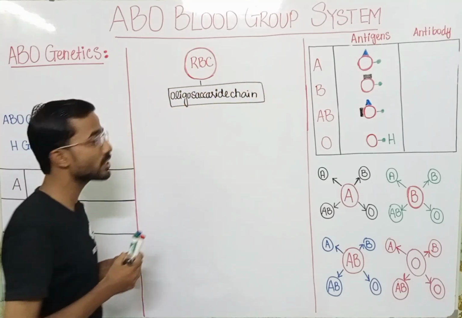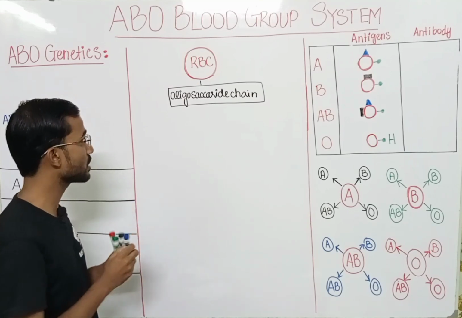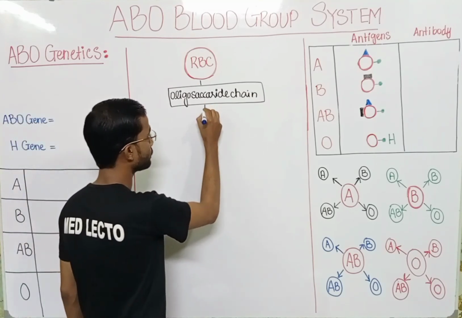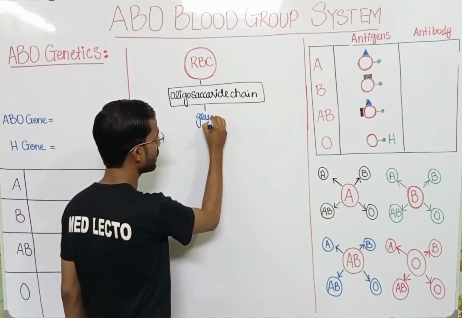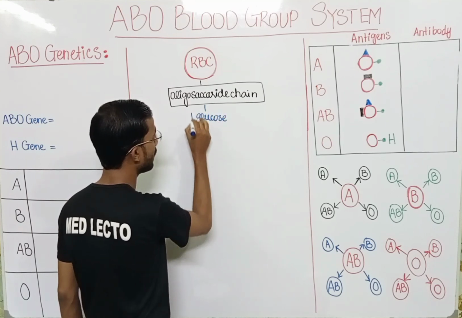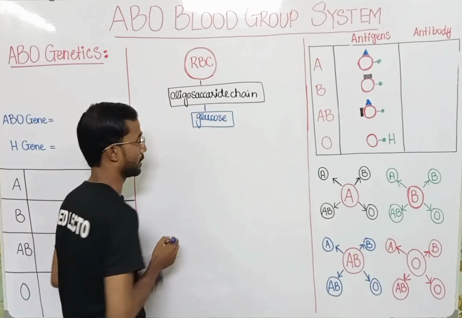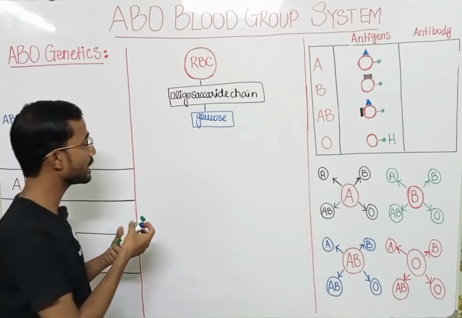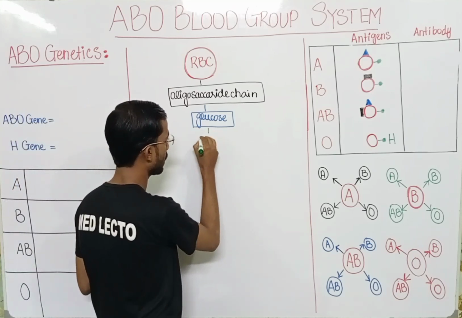Next structure will be the glucose. This is the glucose that will attach to the oligosaccharide chain. The third thing is the galactose.